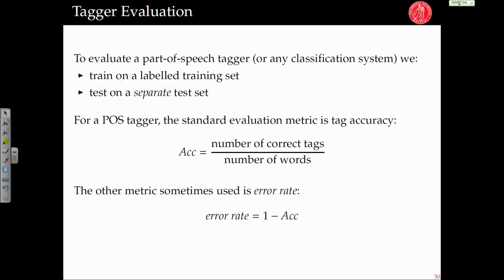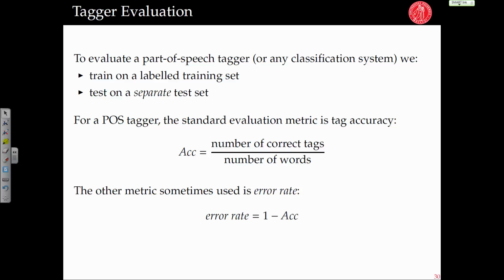And finally, to evaluate a tagger, this is something you already know, but just a reminder. It's like evaluating any classification system. We have a training data set and a test data set, we train on the training data set, and we test on a completely separate held out test data set.